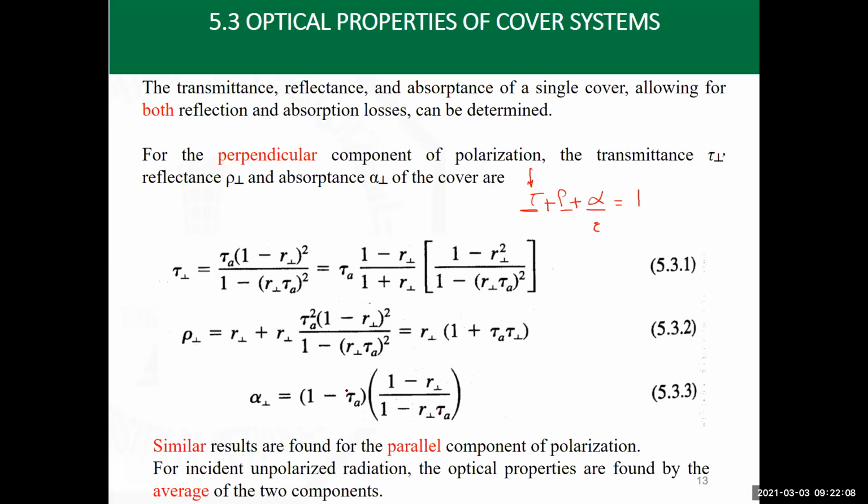As you'll notice, all of them are given as a function of the transmissivity tau. Similarly, the parallel component can also be calculated: you can calculate tau parallel, rho parallel, and alpha parallel. The properties at the end are going to be a combination, or an average value, of these.